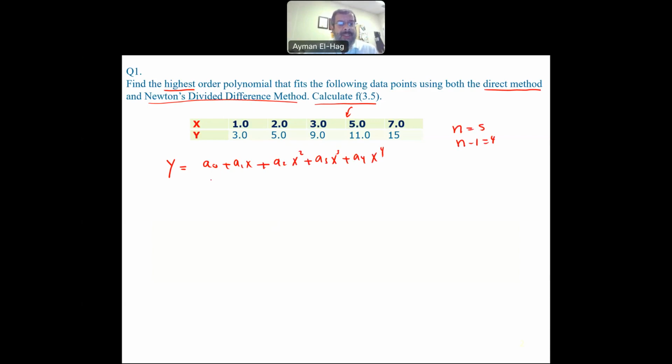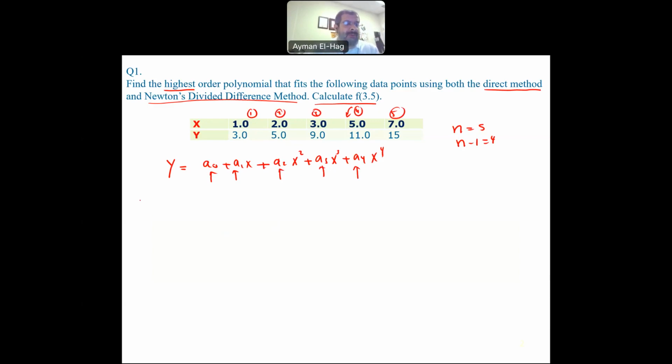And now we need to find a0, a1, a2, a3, and a4. So we have basically five unknowns. And how to do that? The first thing we need to do is to generate 5 equations. How to generate 5 equations? We'll use these 5 points that we have in the data set, because those points satisfy this polynomial.